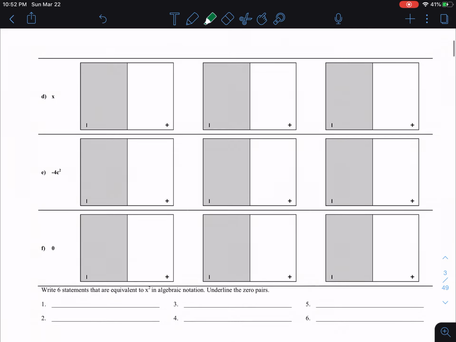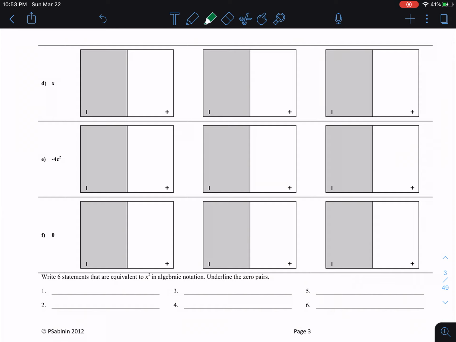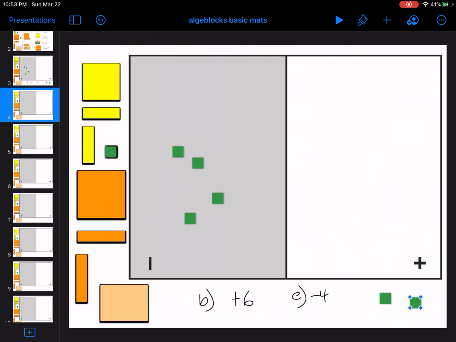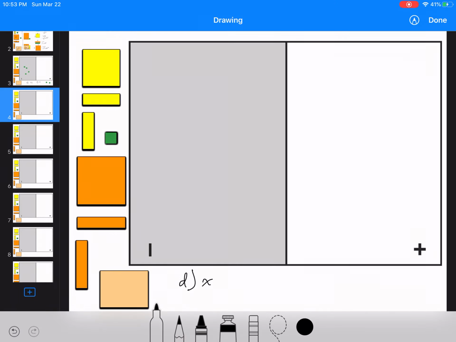So next, what it's asking us to do on the next page is to model expressions that actually contain variables: x and -4c squared. So let's get back to our Keynote, and for D, we need to model x, and for E, model -4c squared. So let's do D first.